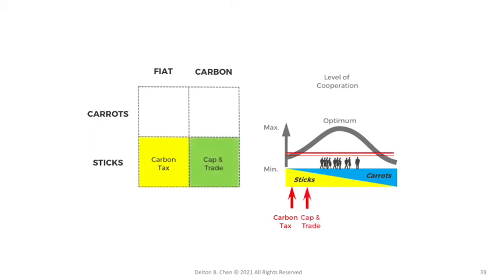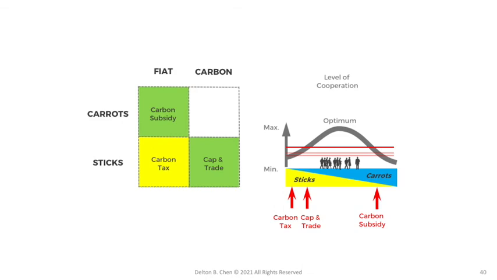If we introduce cap and trade, in addition to carbon taxes, we may see a marginal increase in cooperation because the cap and trade policy introduces new social and biophysical relationships. Once again, if we introduce the carbon subsidy, this can significantly improve cooperation because we're introducing carrots which help to balance sticks.